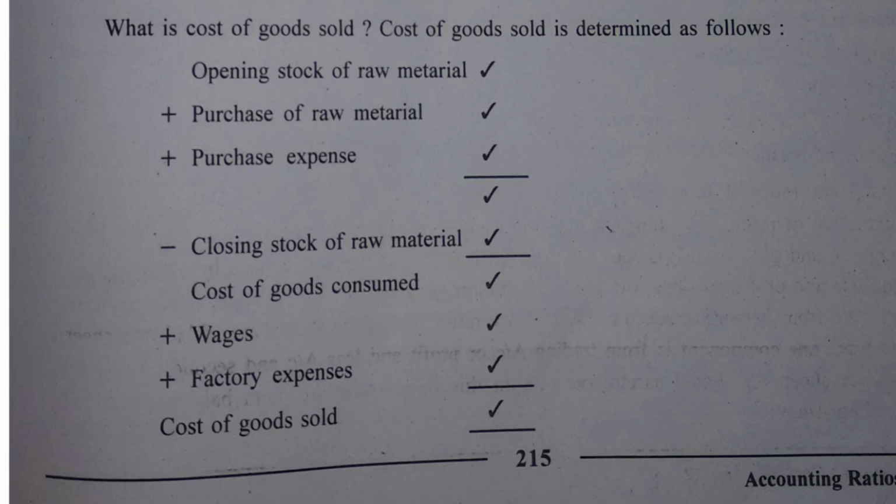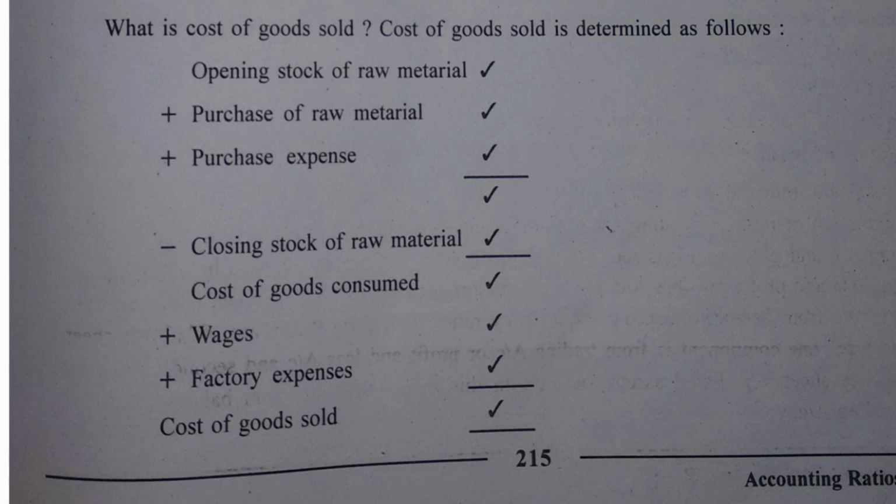Then you have a long formula for calculating cost of goods sold on page number 215. The formula for calculating COGS, cost of goods sold. And it says opening stock of raw material, this is opening stock, simple opening stock, plus purchase expense minus closing stock.